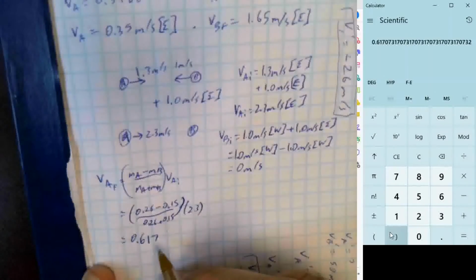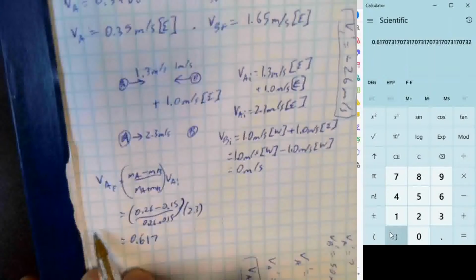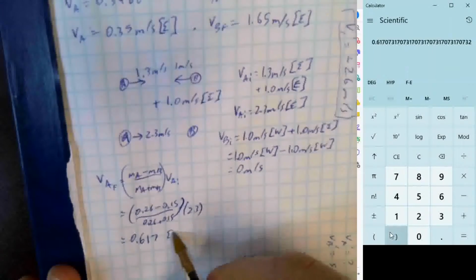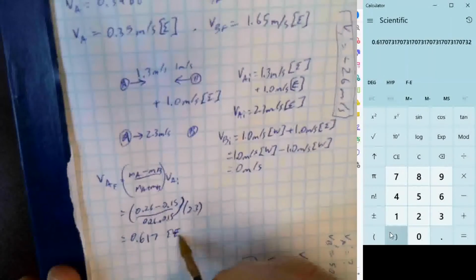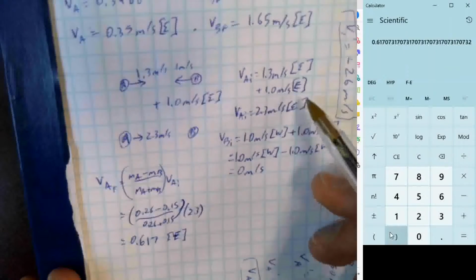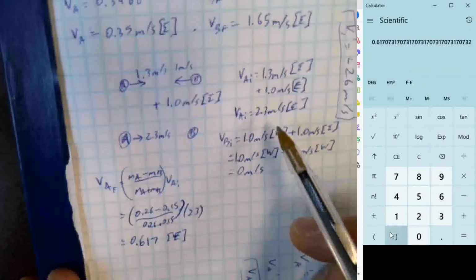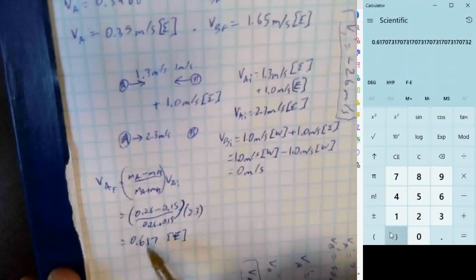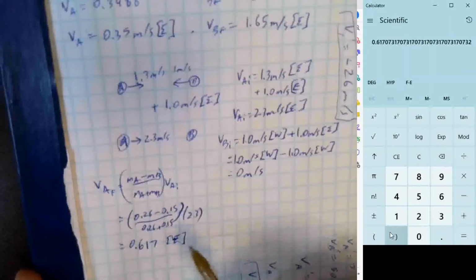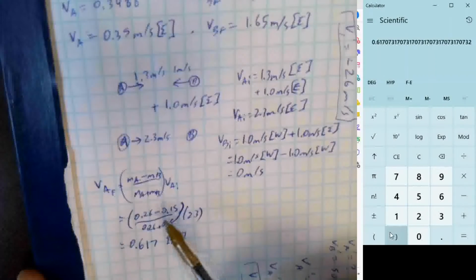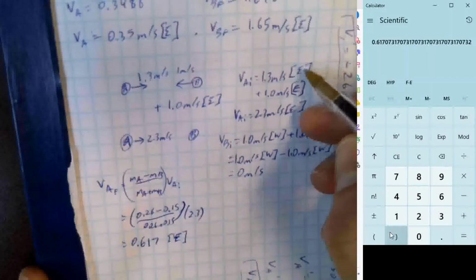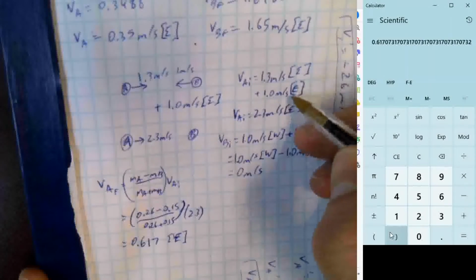This is 0.617 to the east, and it's its velocity relative to object B. To get its absolute velocity, I need to add back what was missing, or rather subtract.